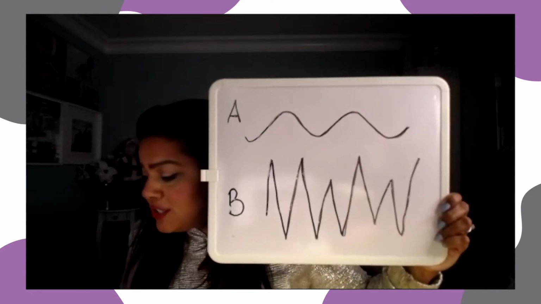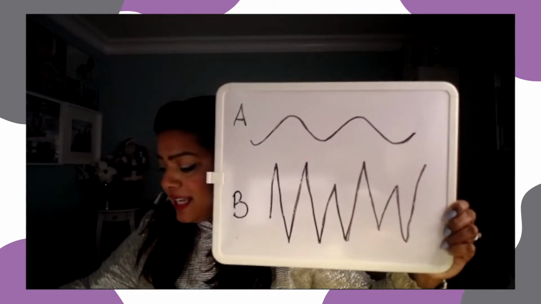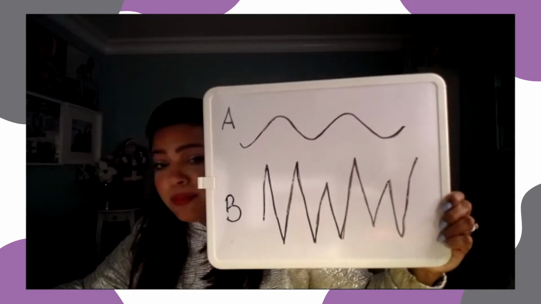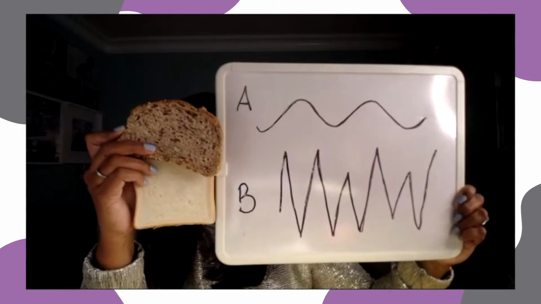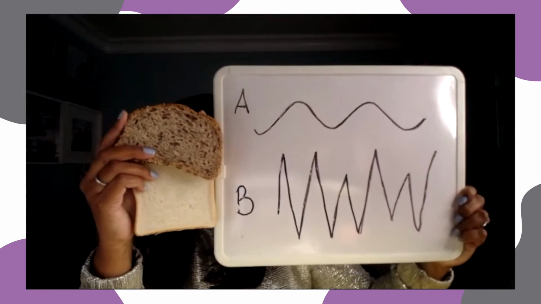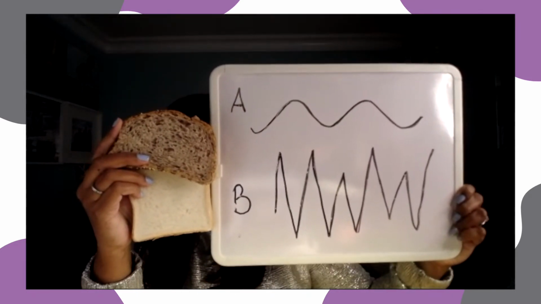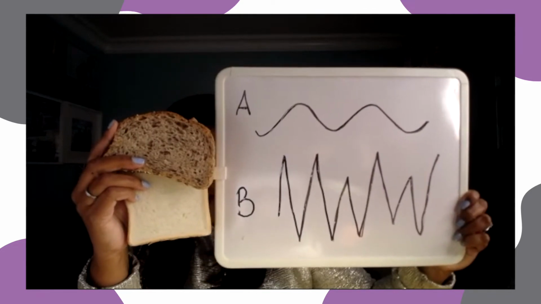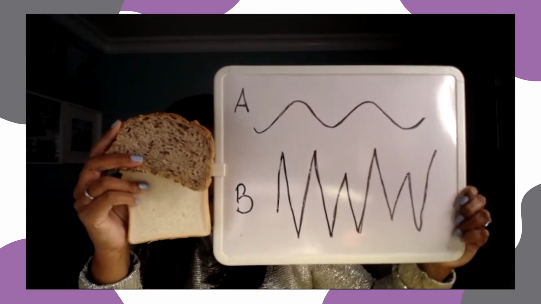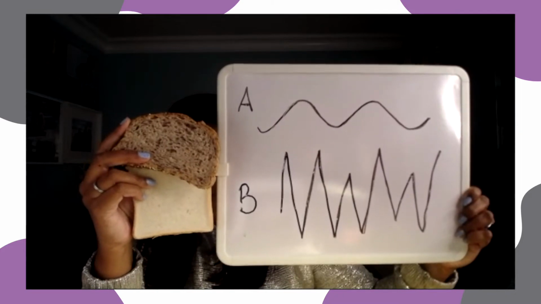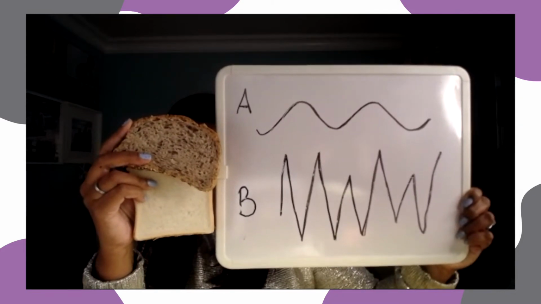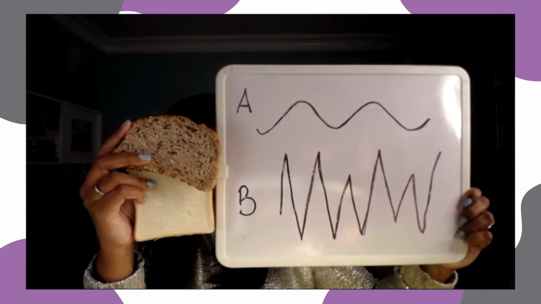So just to make sure we're on the same page and check our understanding, I'm going to show you with a prop two types of bread. The top slice up here is a bread with lots of grain, lots of fiber, there's seeds in there. And the bottom slice down here is just your regular old white bread. White bread gets broken down and the glucose is released very quickly into the bloodstream.